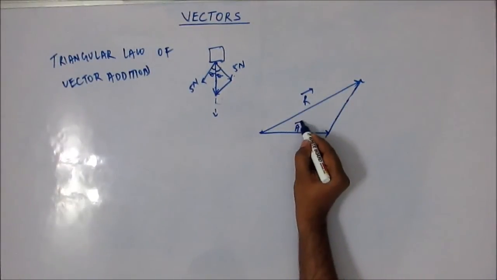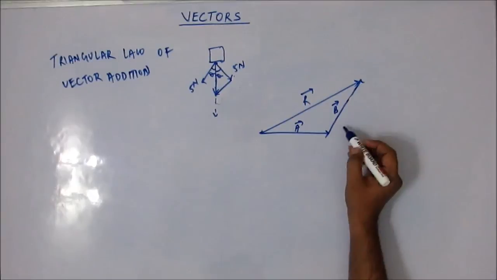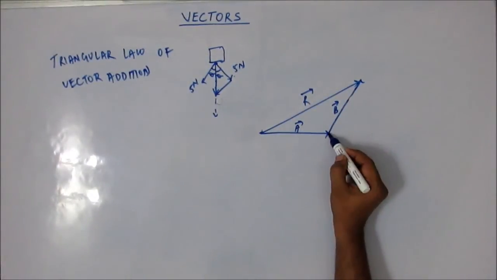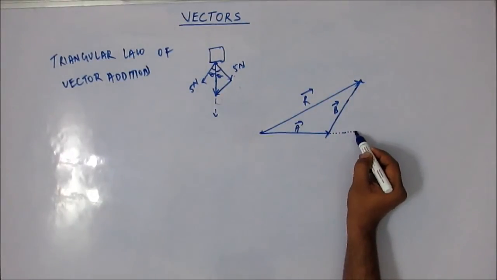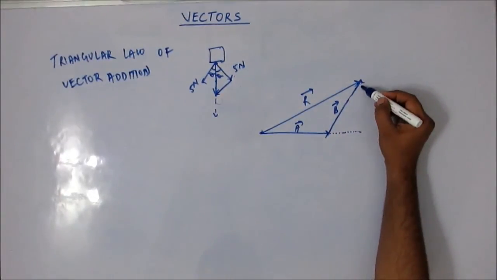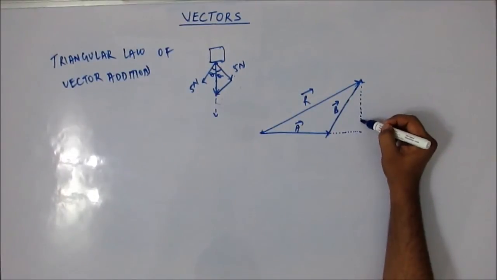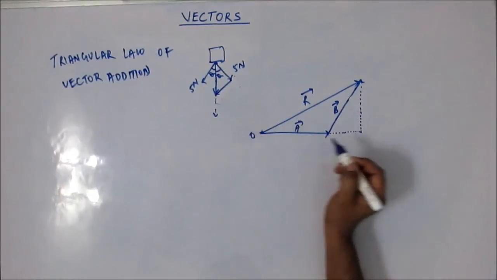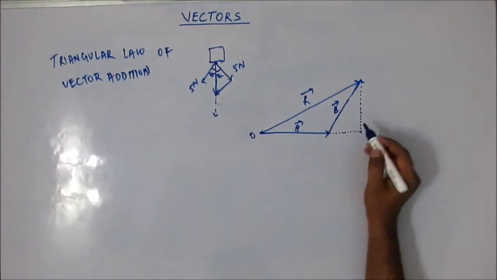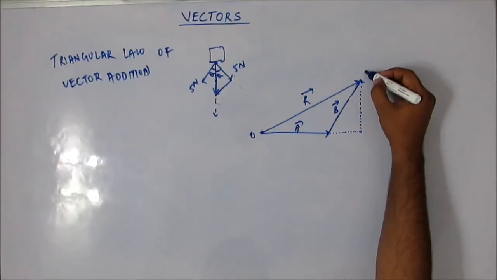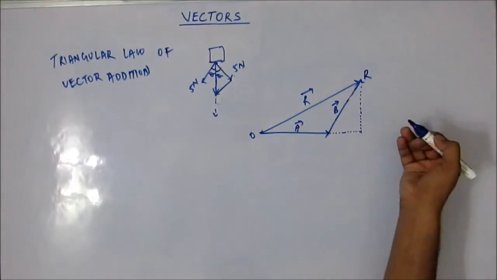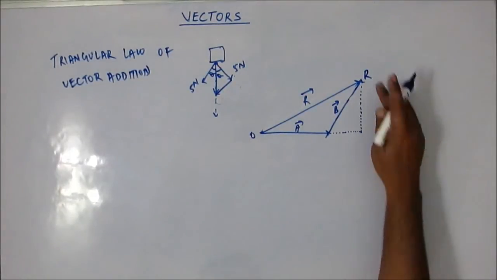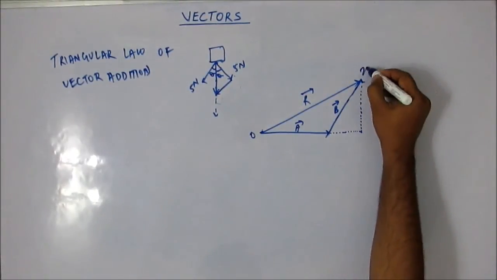This is A vector. This is B vector. Let me extend A vector with dotted lines. Let me name this as O, R, and, okay, let me name it as OXY.